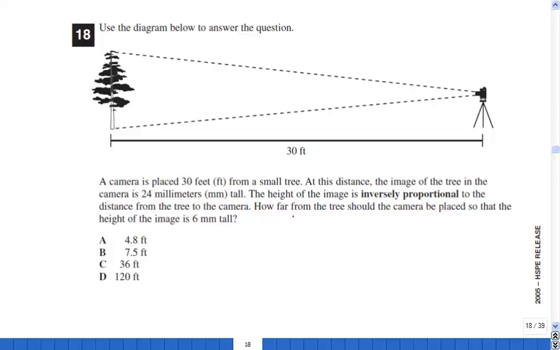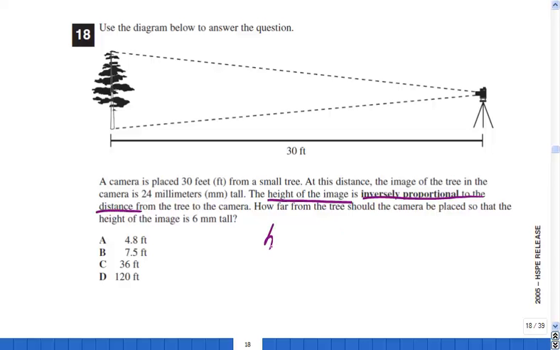Okay, so what this problem is telling you is that the height of the image in the camera is inversely proportional to the distance from the object that you are trying to photograph to your camera. You guys remember, inverse proportionality tells you that the product of these two variables is always the same.